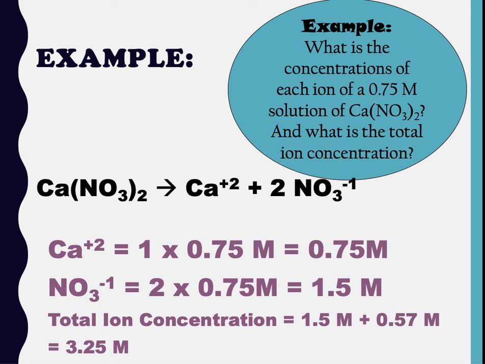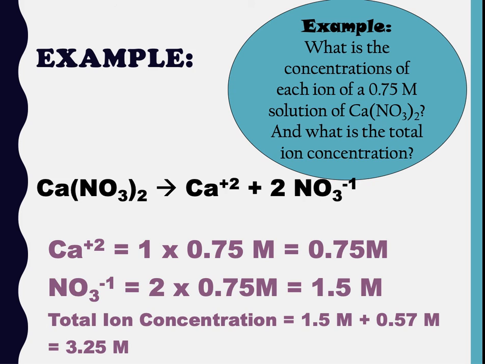But for nitrate, according to the equation, I get 2 ions. So the concentration of nitrate ions is going to be double that of my original concentration. It's a 2-to-1 ratio. I put in 1 formula unit of calcium nitrate, I'm going to get 2 nitrate ions. So the concentration of nitrate ions is 1.5.